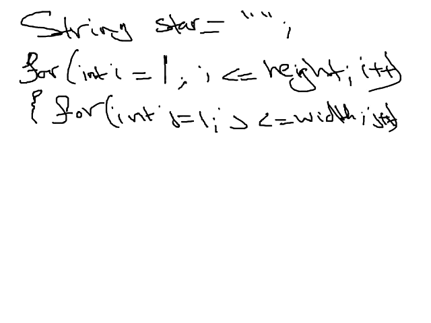Okay, so you've set the values, but now you need to draw. So you can say star, which is your string or your stars, star equals star plus a star. Why?